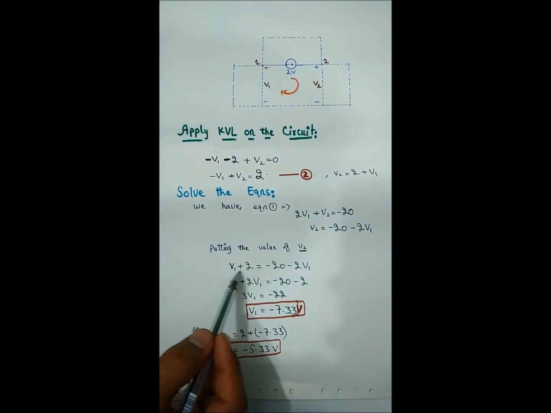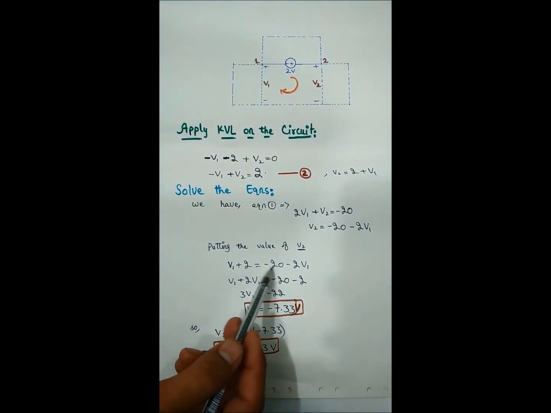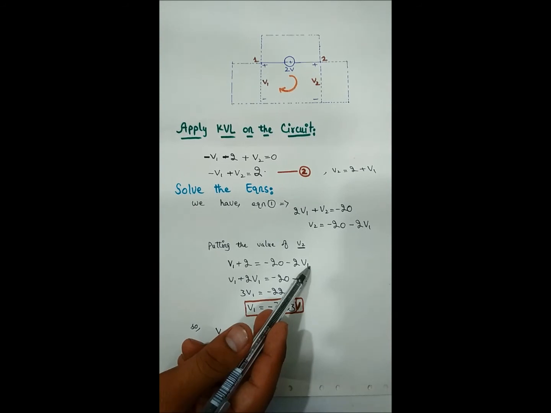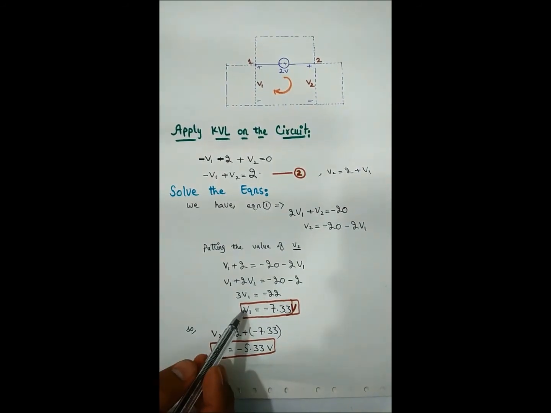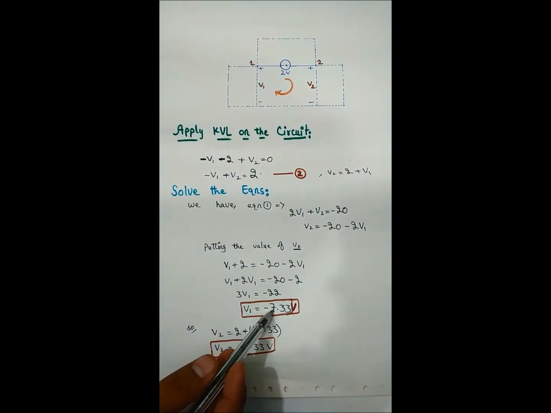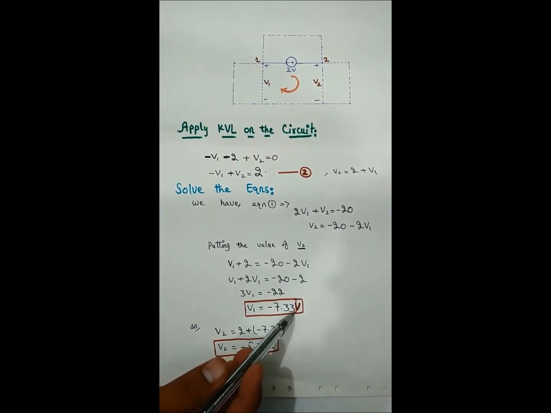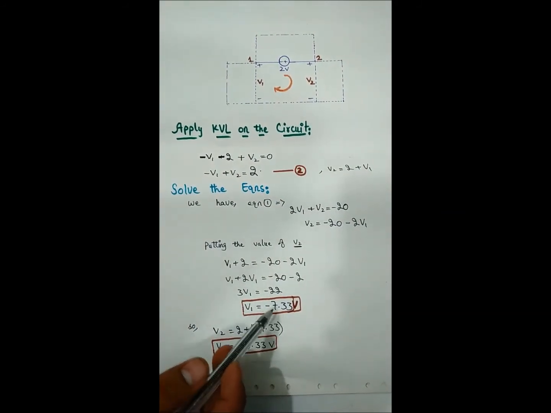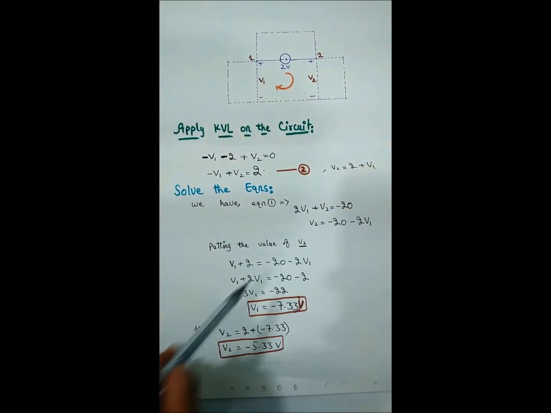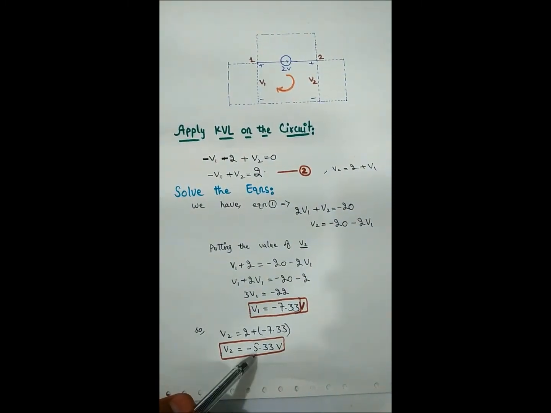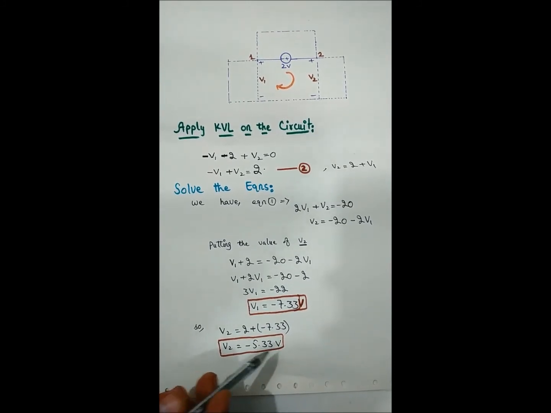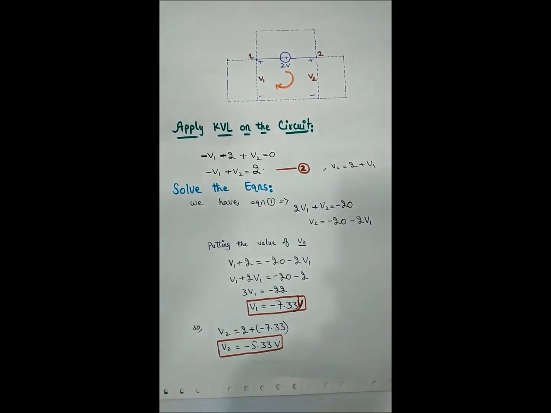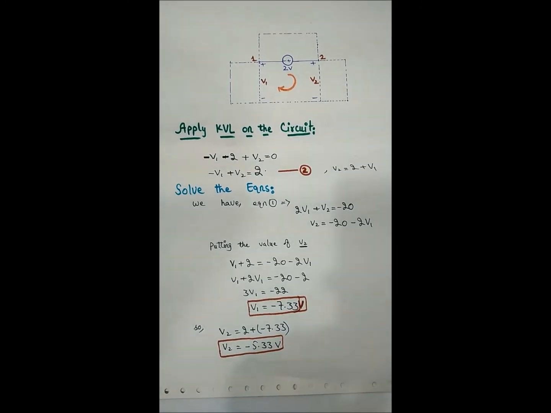So we have V1 plus 2 equals minus 20 minus 2V1. By solving and arranging this, we get V1 equal to minus 7.33 volts. By putting this value of V1 in this equation, we have V2 equal to minus 5.33 volts. So here we have the voltages of those two non-reference nodes.